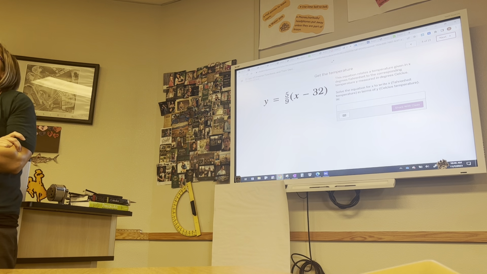What do you notice about the derivative of C and the derivative of F? This one's 5/9, isn't it? And then this one's 9/5. What do you notice about these two?